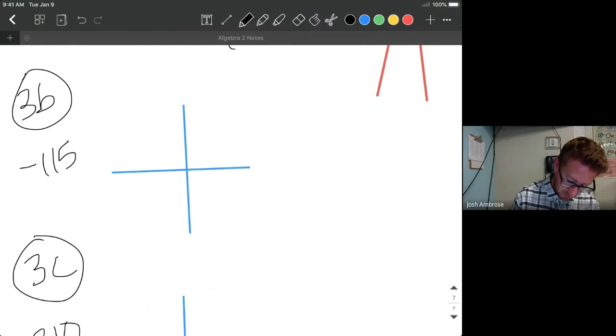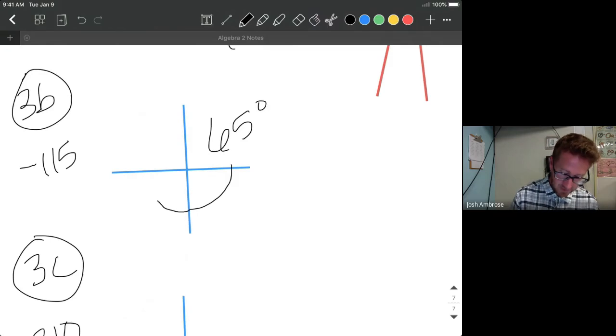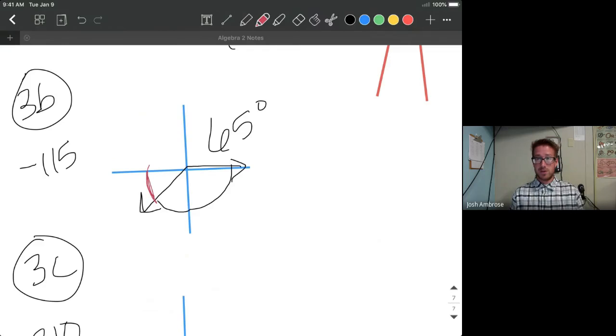If we were to go the opposite direction, there's 90, a little bit more. It is 65 degrees. That's going to basically say if we have a negative 115 degrees, then what they're wanting to know is what is this part right here? That extra bit is what they're asking for. That's your reference angle.